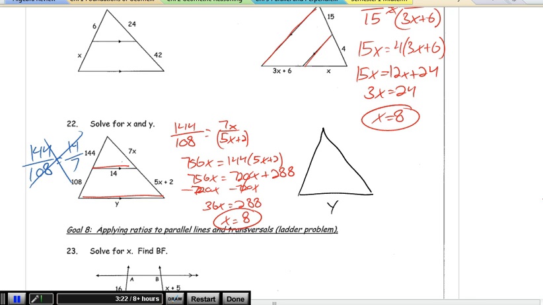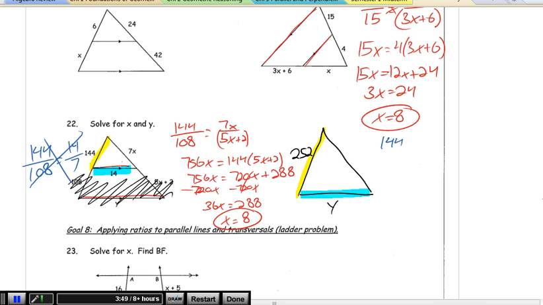And this is y. The left side would be 108 plus 144, or 252. The right side we can actually find out, but we don't necessarily need it though. Now, this side goes with this side, this side goes with this side, and now we're just matching up.